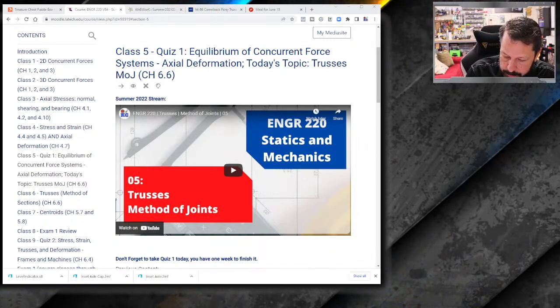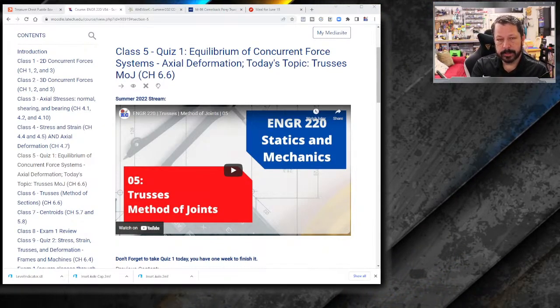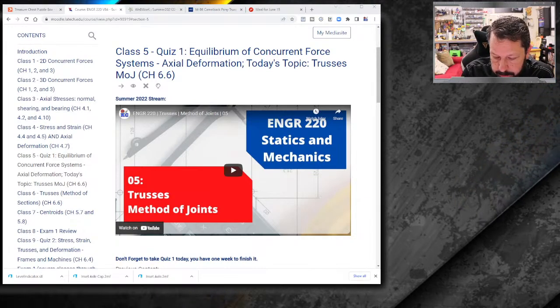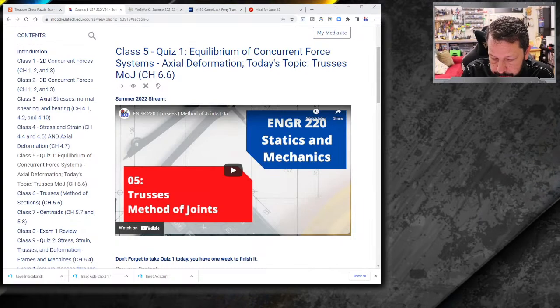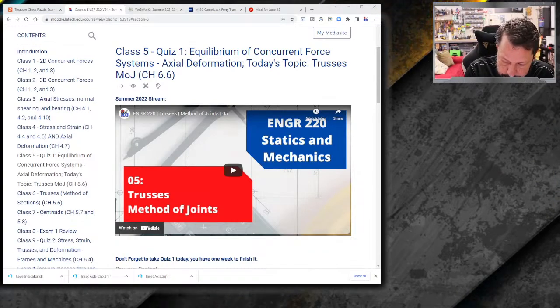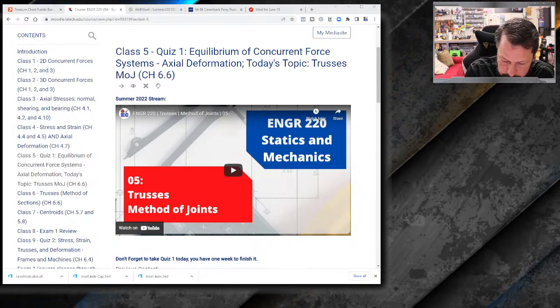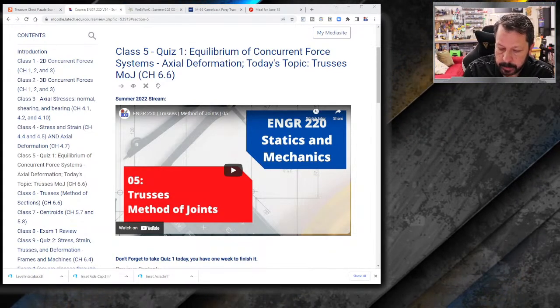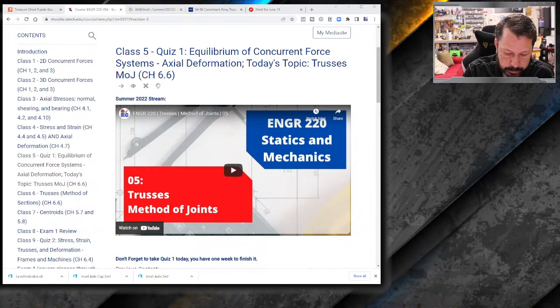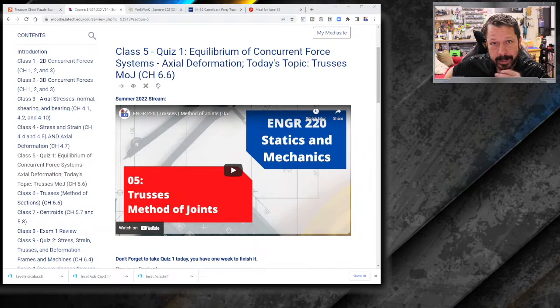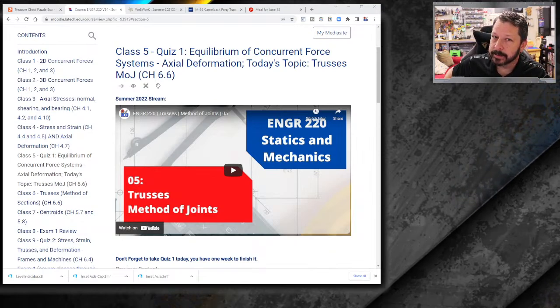So gamma would equal, if I turn that into a little triangle, the inverse tangent of the opposite side, which I'll call delta, over the adjacent side, which is L naught. So I have the same kind of variables as before, but they mean a little bit different thing.